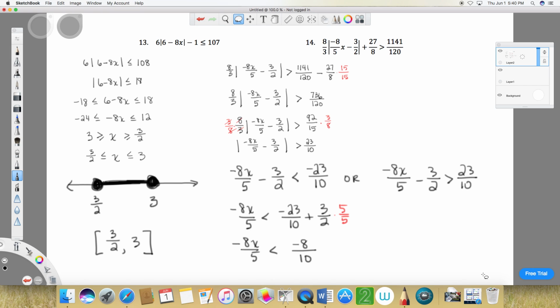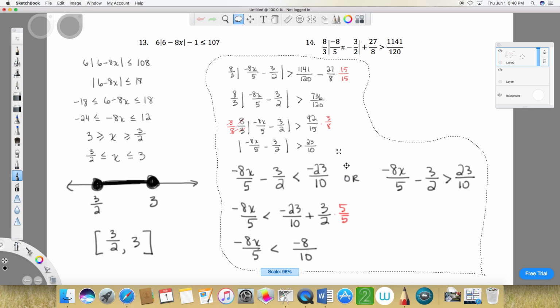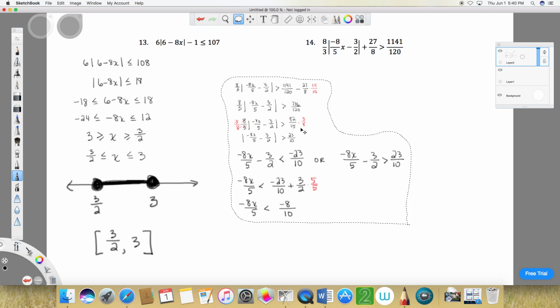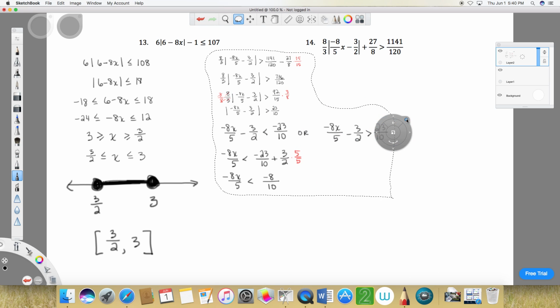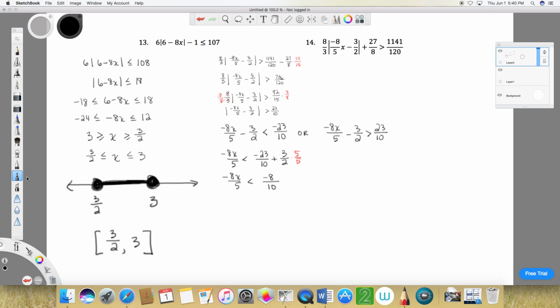I definitely write too big, don't I? All right. So this negative 8 over 10 reduces to what? Negative 4 over 5. I'm going to go ahead and write that now. Negative 4 over 5.